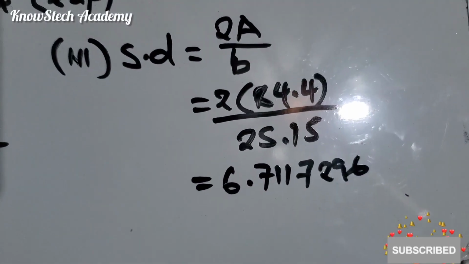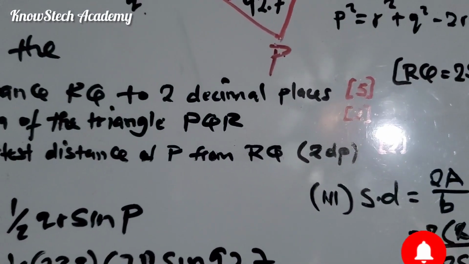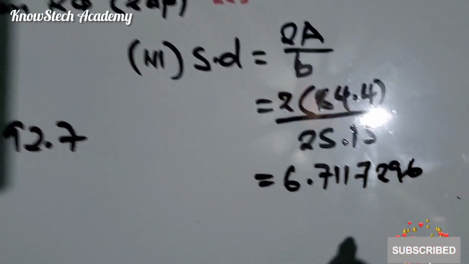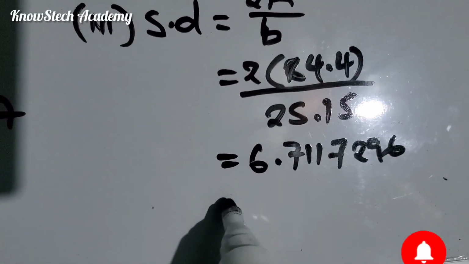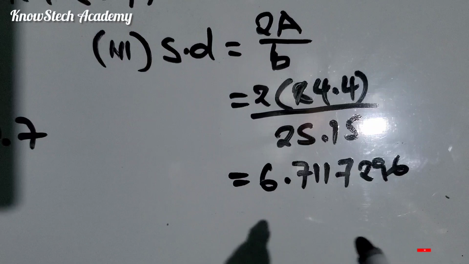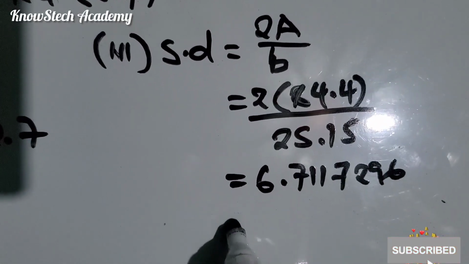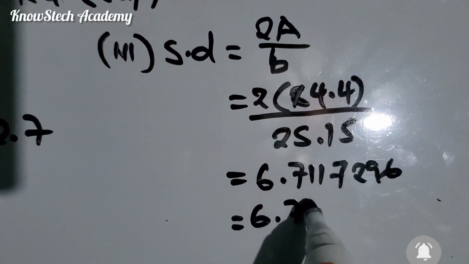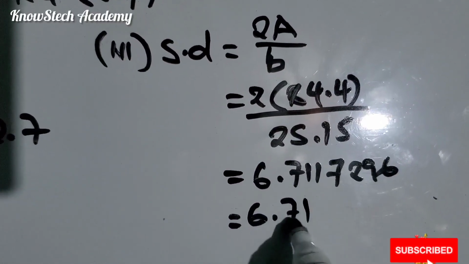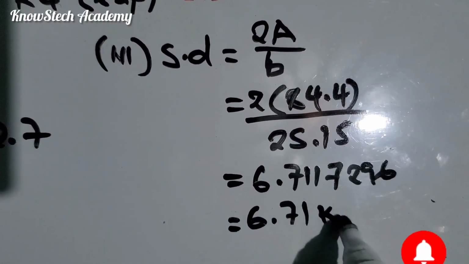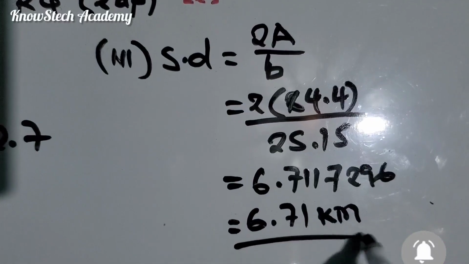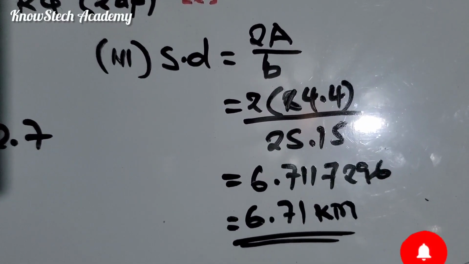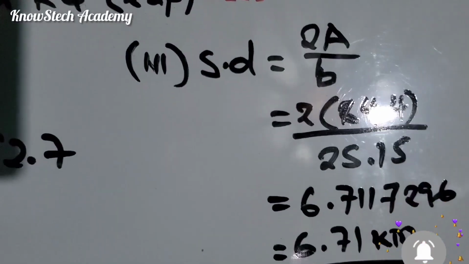Now, here the degree of accuracy is specified. We are asked to leave our answer to 2 decimal places. So this one will be 6.71. Okay, this is 2 decimal places, and you just write kilometers. Okay, and that is the final answer. That is the shortest distance.